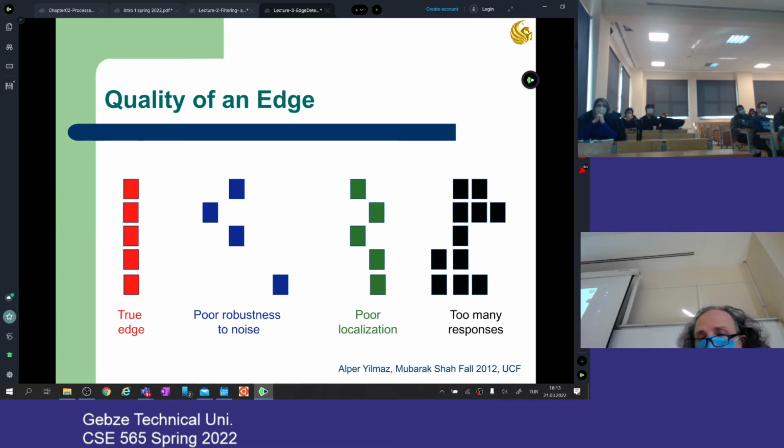Canny makes some observations about these three problems and offers a solution for you. There's poor robustness and poor localization. Usually it happens with noise, and we have to handle the noise.